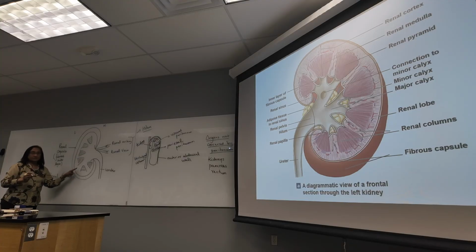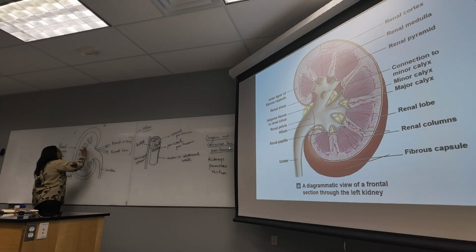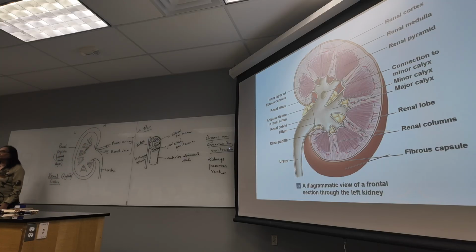This inner region, this inside region, is called the medulla, just like adrenal medulla, renal medulla. So outside is renal cortex, inside is renal medulla.